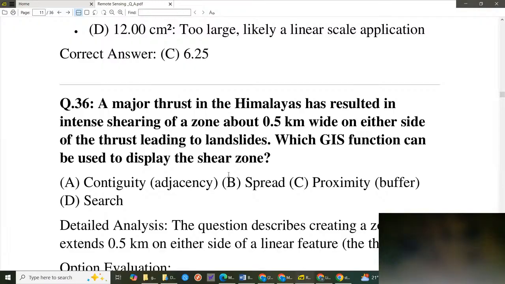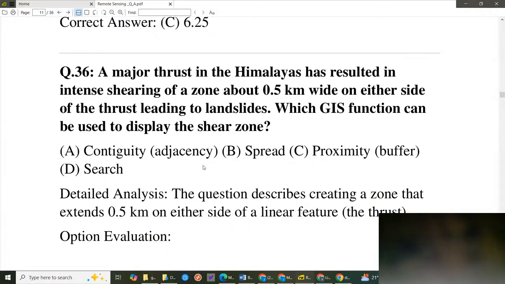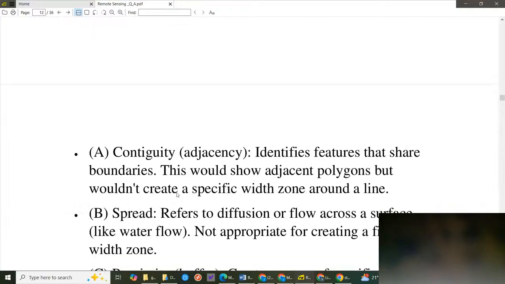Contiguity, spread, proximity, and search. Detail analysis: the question describes getting a zone extending 0.5 kilometer on either side of a linear feature, that is the thrust. Option evaluation.